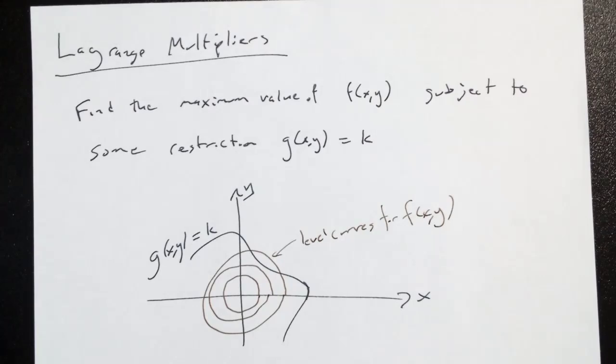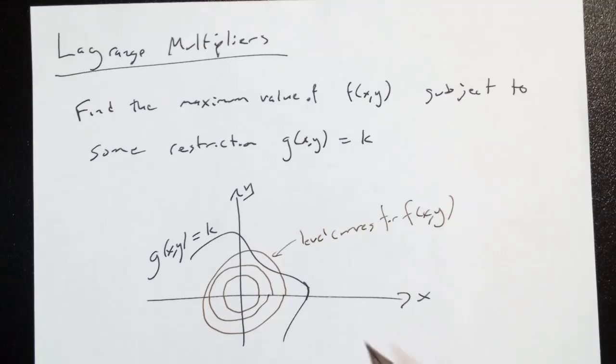If I want to know what is the largest level curve that just touches one of these points on G, then I would want the level curve and G to be tangent to each other.